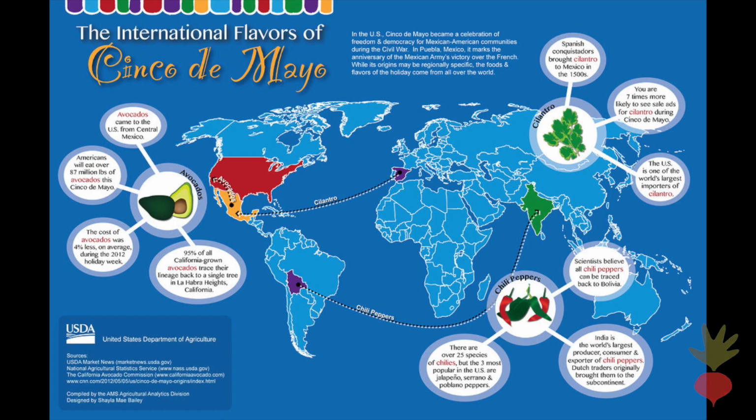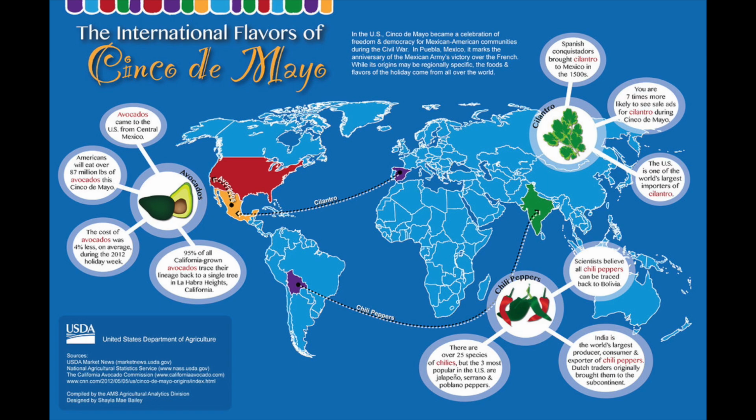We can see that avocados came from central Mexico, that's the yellow country, and cilantro came from Spain, was brought over to Mexico by Spanish in the 1500s.